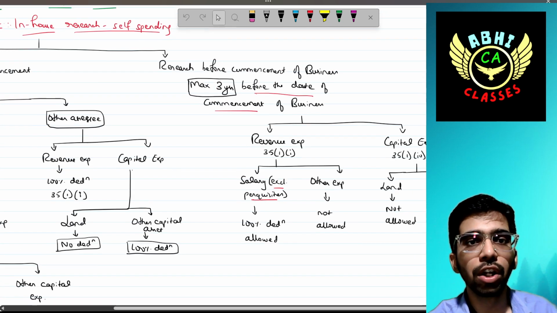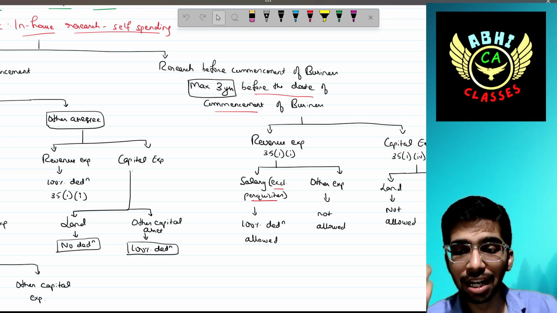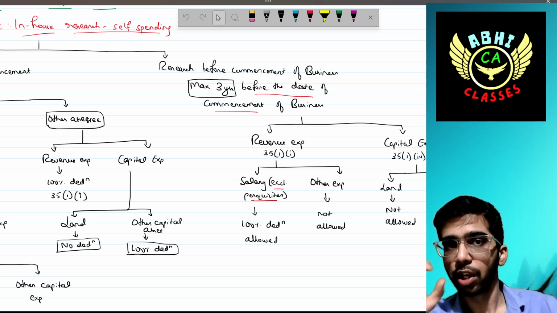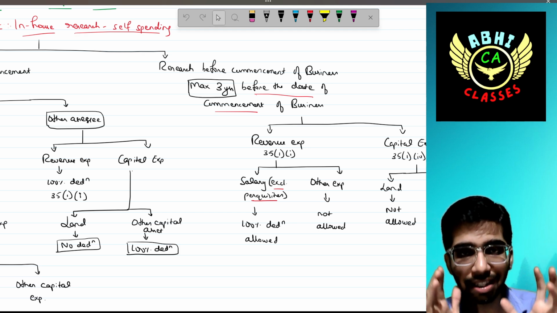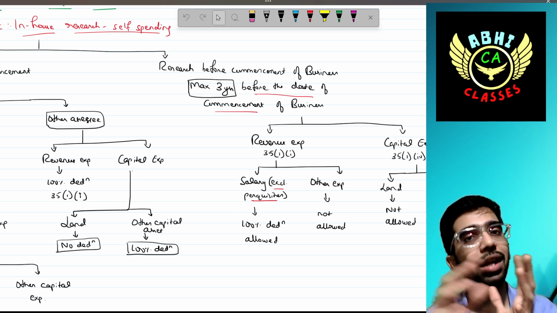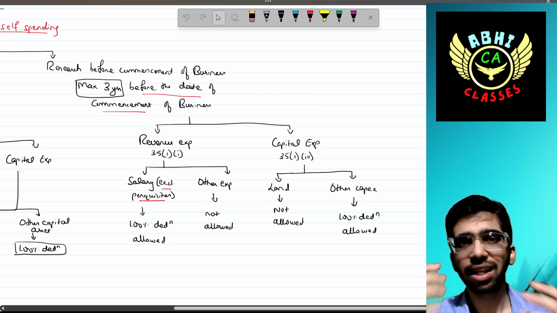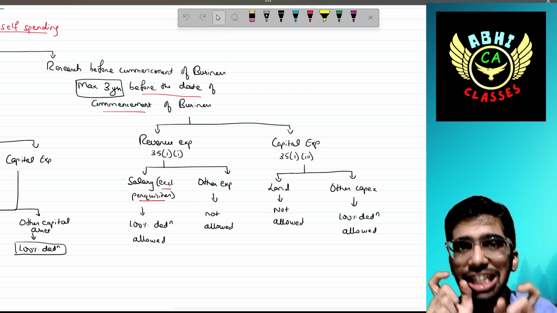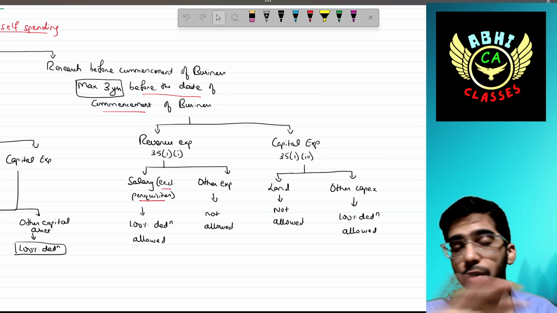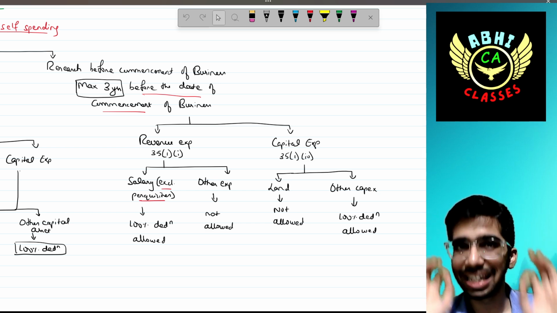Okay, next, as I have already said, if you are incurring research expenses between 1st April 2020, in our example, till 1st April 2023, that is, from the date on which you commence your business, that period would be considered here. If you are paying any salary, excluding, I am highlighting that word, excluding the perquisites, because in respect of perquisites you will not receive any deduction.